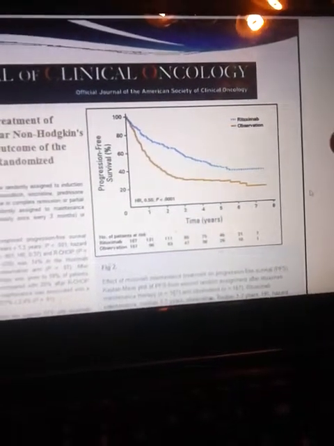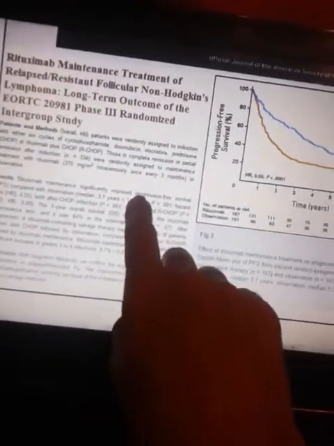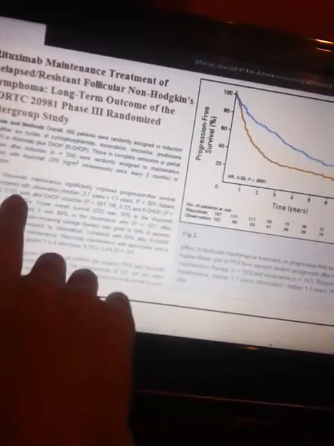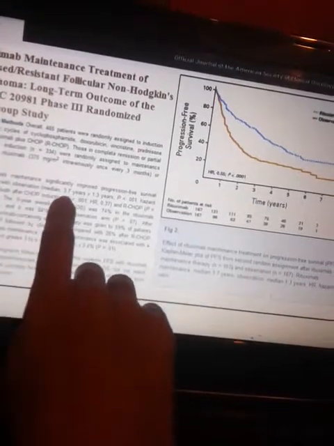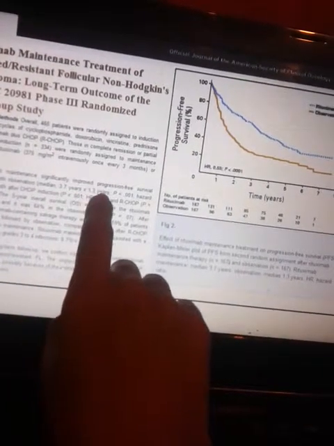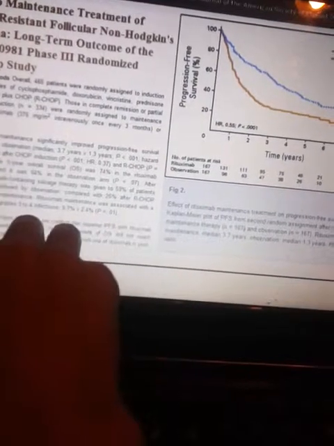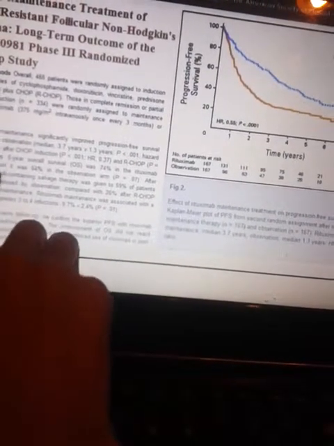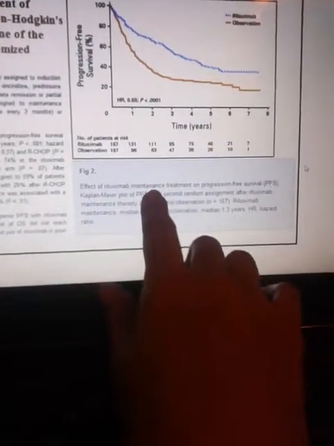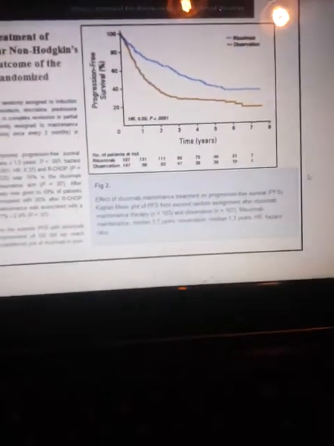It means it helps the patient to be cured. Result: rituximab maintenance significantly improved progression-free survival compared with observation, 3.7 years versus 1.3 years, with a probability less than 0.01. Hazard ratio is 0.55. Effect of rituximab maintenance treatment on progression-free survival.